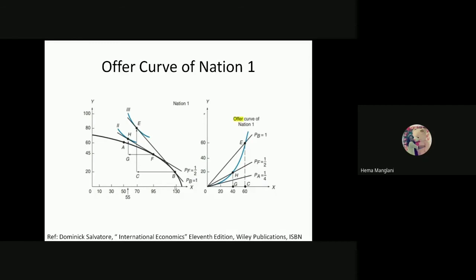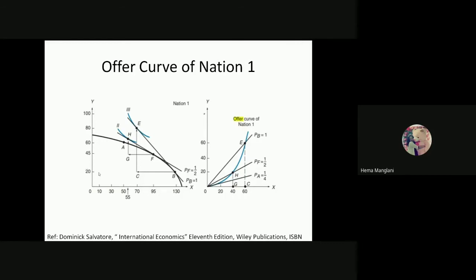So they arrive at point B, and at point B the country is now able to produce 130 X. And how much Y? Earlier we were producing 45 Y, but now we are producing 20 units of Y. So we compromised this production of Y.